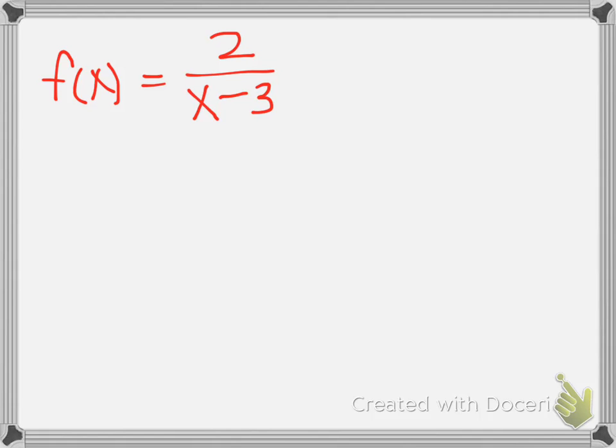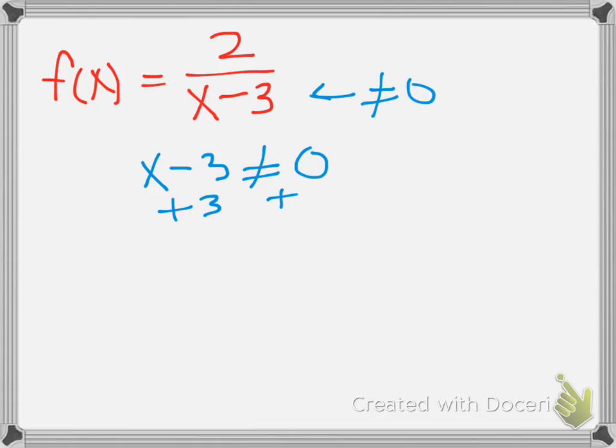The next one we have f of x equals 2 divided by x minus 3. We know that the denominator cannot equal 0, so that's what we're going to end up using. If I set the denominator not equal to 0, I get x minus 3 can't equal 0. When we work it out, add 3 to both sides, and we get x cannot equal 3.